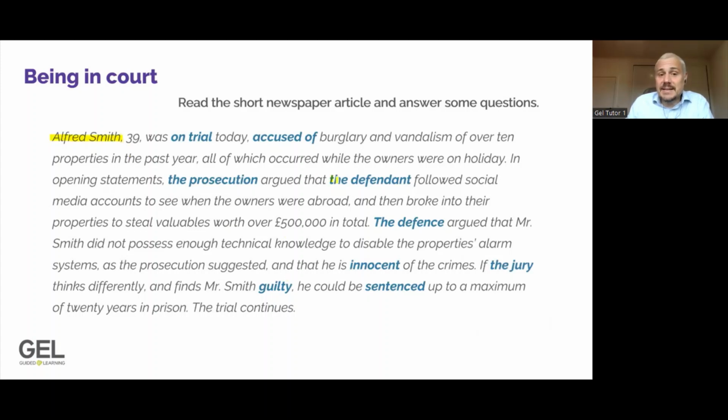Remember, defendant is a word we use to describe the person who is on trial, the person who the police have charged with the crime. Another word for the defendant is the accused.